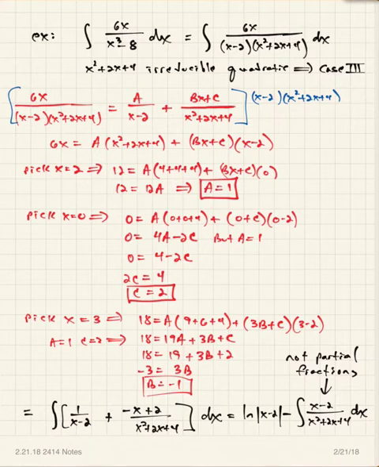Let's go to the next page here. So I have the natural log of the absolute value of x minus 2, and then this is going to be minus the integral of x minus 2 over x squared plus 2x plus 4 dx.